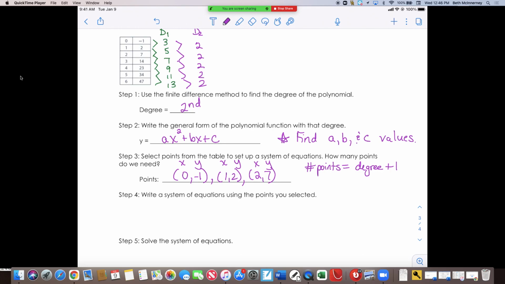Watch what we're going to do. I'm going to plug in x and y into the general equation to create a system of equations.